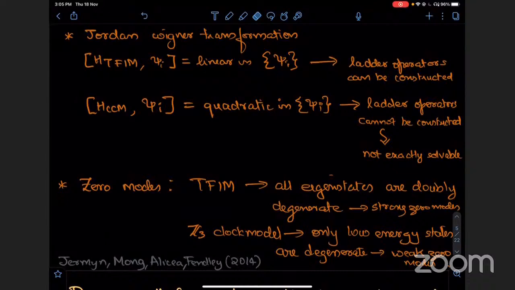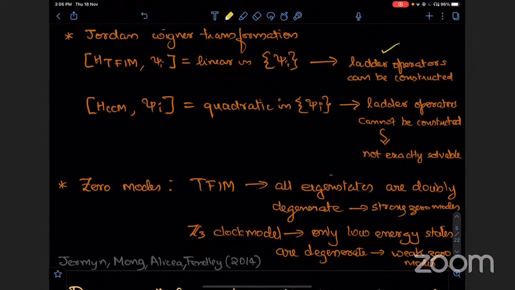So the transverse field Ising model is exactly solvable due to the fact that after a Jordan-Wigner transformation, the commutator of the transformed variable with the Hamiltonian is linear in the transformed variables.